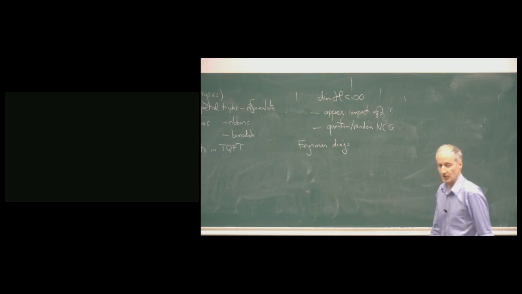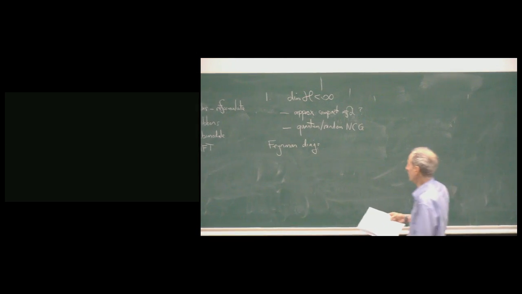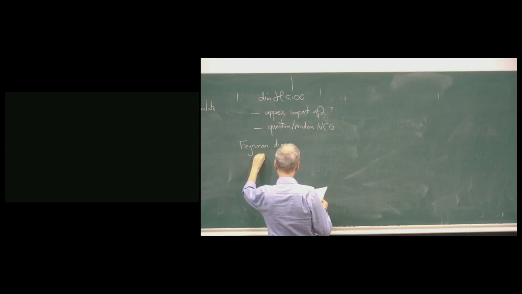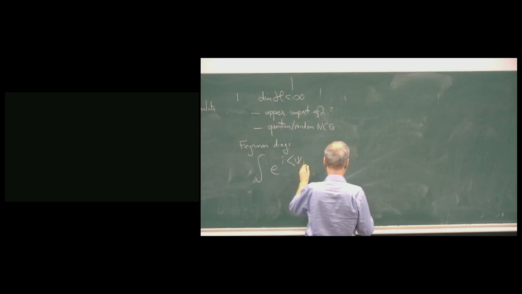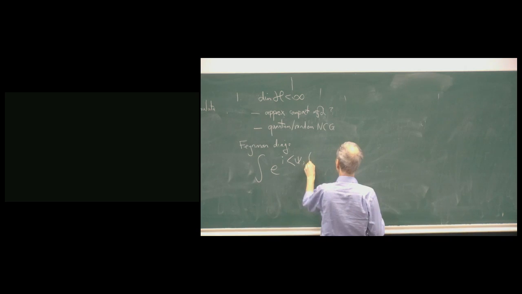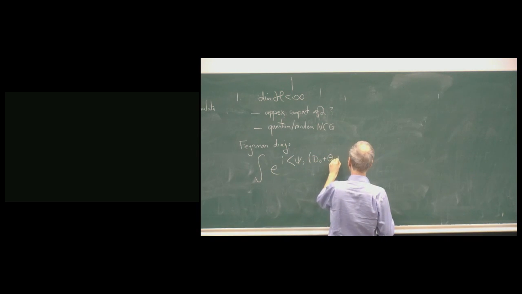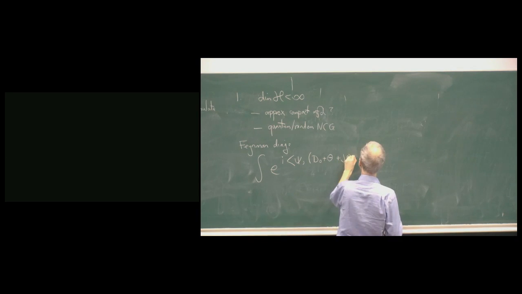And again, this is a sketch because I don't really want to develop the theory of Feynman diagrams here. But let's suppose that we're doing something like this, and I write a fermion action. This is a typical sort of thing you might want to write.